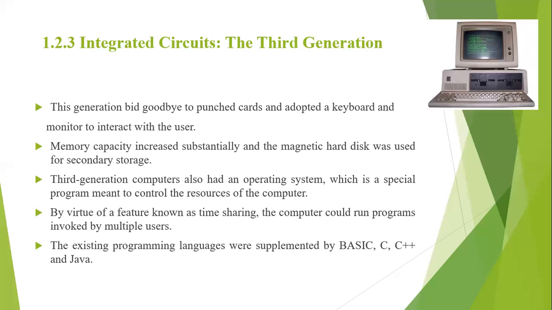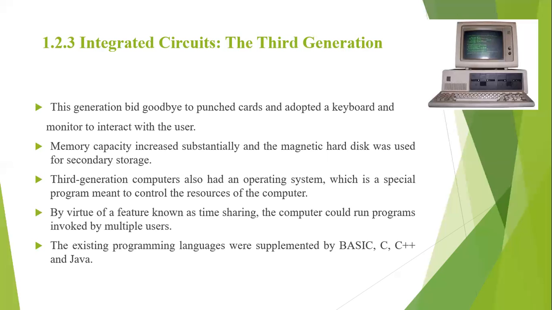By virtue of a feature known as time sharing, a computer could run programs invoked by multiple users. Time sharing means computer time is shared across multiple users. It was a concept introduced during the third generation.